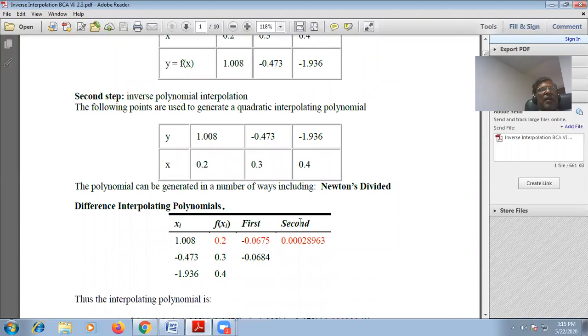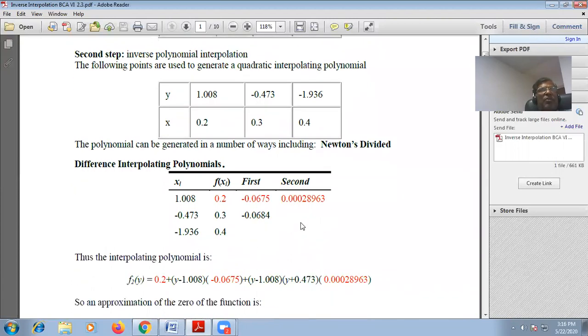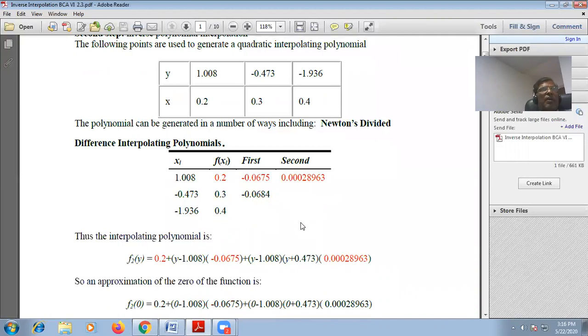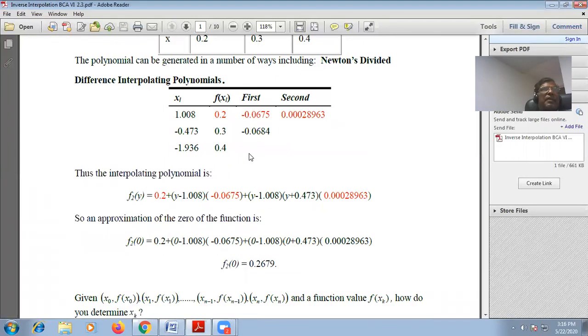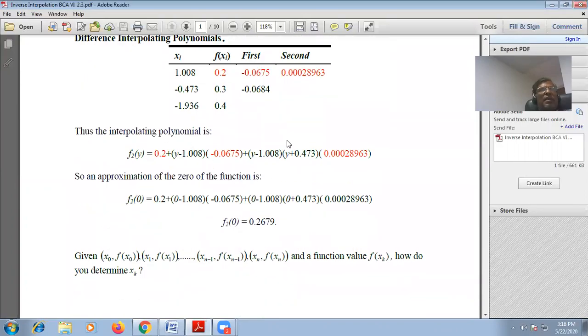This polynomial can be generated in a number of ways, including Newton's divided difference interpolation polynomial, as we have already discussed in the previous lecture. Thus, the interpolating polynomial, as we have seen in Newton's backward and Newton's forward interpolation formula, this is the result.